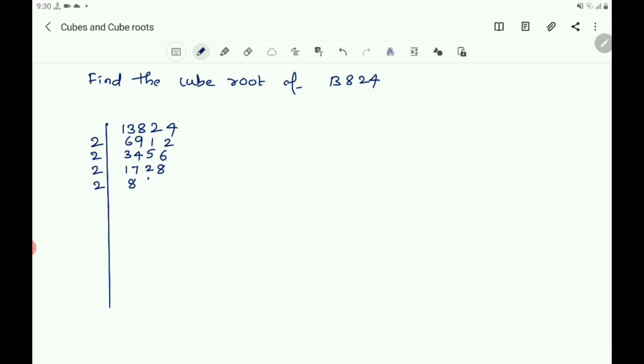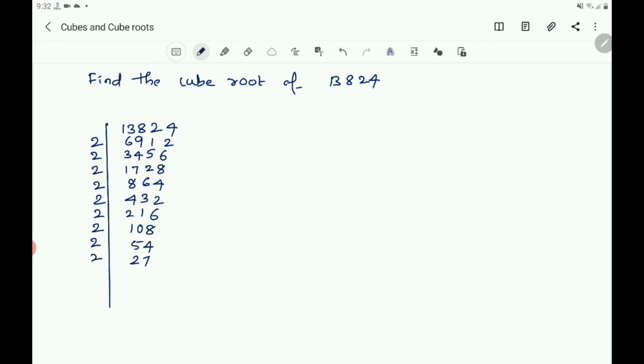Then 2 6s are 12, 2 4s are 8, 2 3s are 6, 2 2s are 4, 2 1s are 2. Then it is divisible by 2 again, 2 2s are 4, 2 5s are 10, 2 27s are 54.